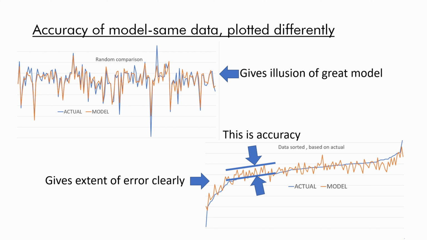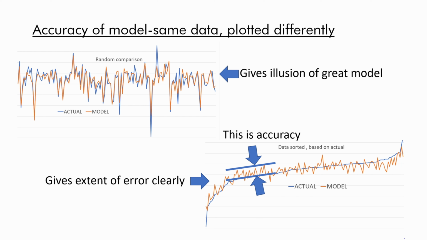So the first chart, the one above, shows you that these two things are going very well hand in hand and gives an illusion that the model is great. But now if you take the same data and sort the data based on the actual and then plot the same chart again, the chart is below.